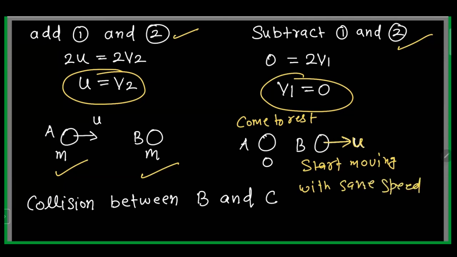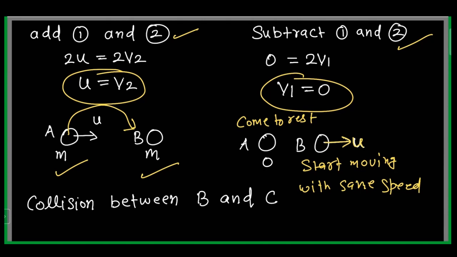So object A has given object B its speed and it has come to rest itself. This is what happens when two equal mass bodies collide with each other, and one body is moving with U and the other body is at rest.